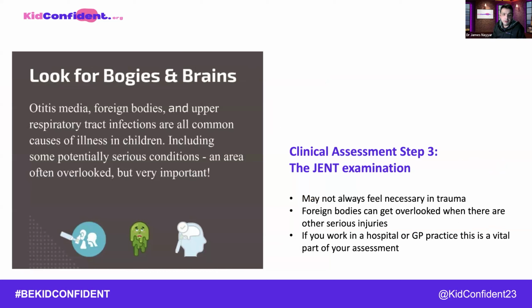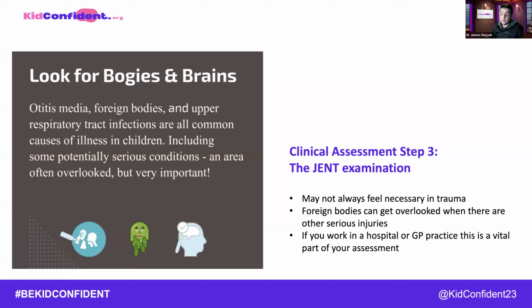And then after we've looked at the joints, we have to look for bogies and brains. It's your ENT exam. It might not always feel like a necessary thing to do in trauma, but foreign bodies can get overlooked, and that can be things from shrapnel, bits of gravel, or whatever, and they can develop into big problems if they've not been recognised. You might not do anything about it, but it might be something you hand over.